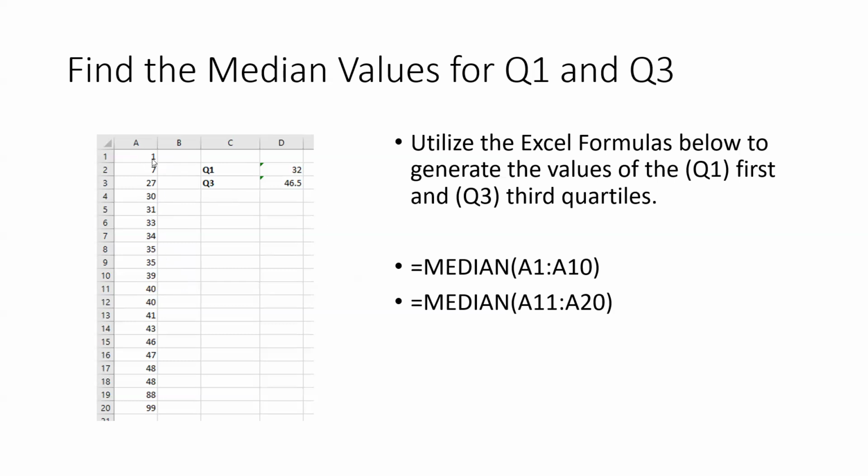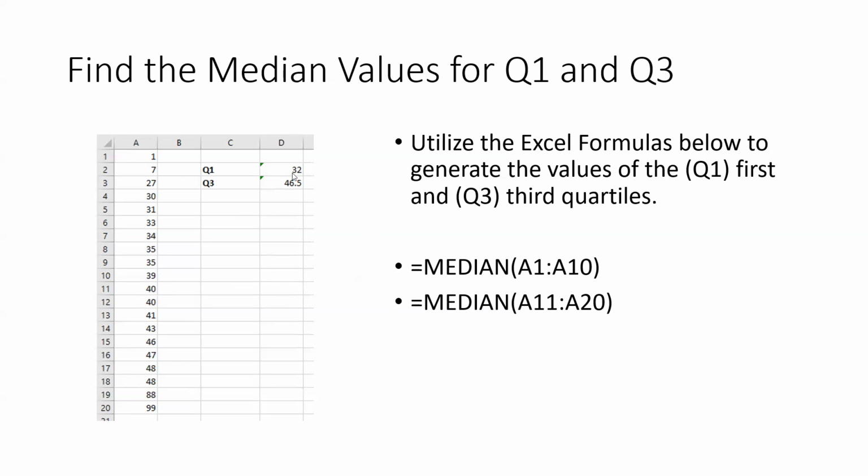So 1 to 10, median of 1 to 10. And this is saying get the median of all the values from 1 to 39. And then our third quartile is going to equal the median of this subset, which is value 40 to 99, and that's observation 11 to 20. So observation A11 to A20 is our third quartile.